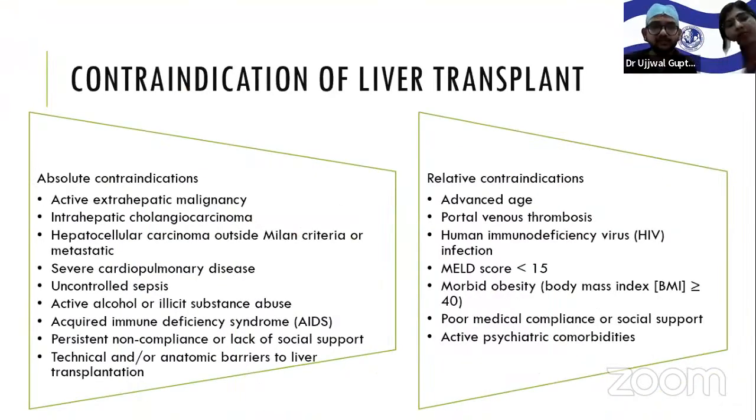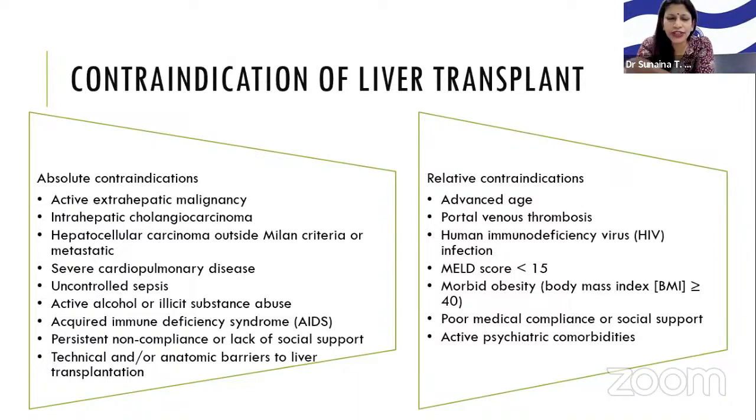And what are the contraindications? Ma'am, contraindications of liver transplant are, first of all, active extrahepatic malignancy. Then intrahepatic cholangiocarcinoma, hepatocellular carcinoma outside the Milan criteria, severe cardiopulmonary disease. For example, in a patient whose ejection fraction is less than 40%, or pulmonary artery pressures, as ma'am already mentioned, are more than 50, liver transplant is contraindicated. If patient has QT prolongation more than 440 milliseconds, we have to optimize these conditions, then only we can plan for transplant.